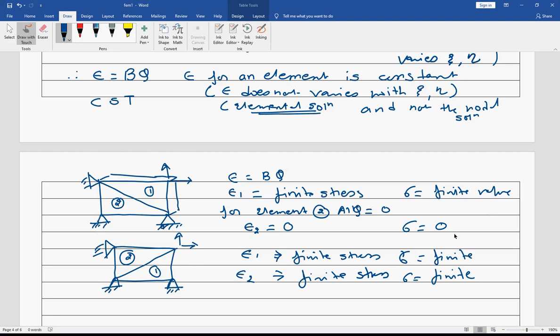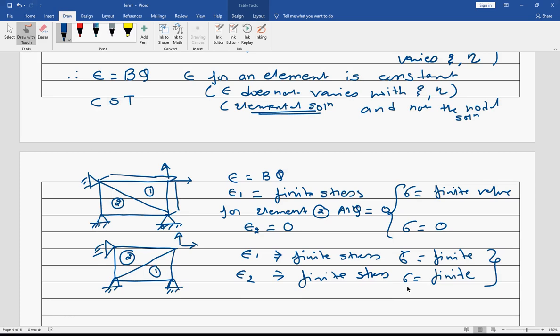Okay, now the problem definition is the same, this is the same problem and this is the same problem, but the way I have meshed it, here I got some different result and here I got some result. So what I say, two different results I am getting just by changing the mesh.